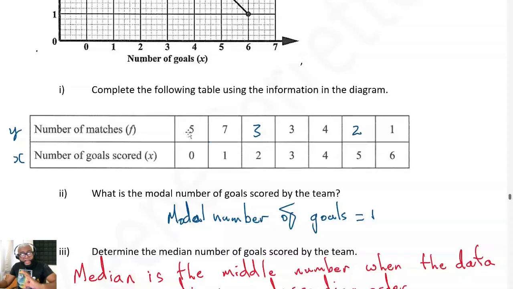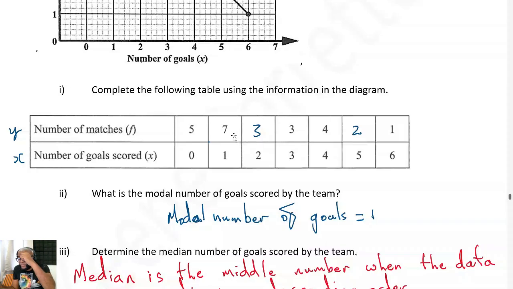So the first 5 matches would have been zeros: 1, 2, 3, 4, 5. The next 7 numbers would be ones. So 5 plus 7 would be 12.